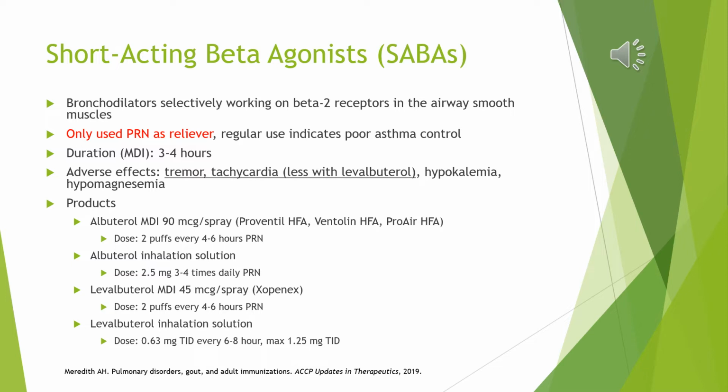Levalbuterol is the R enantiomer of albuterol. It is twice as potent, so the dose is half of that of albuterol, but it is also more expensive. Most commonly, you'll see albuterol being dispensed as Ventolin or ProAir.